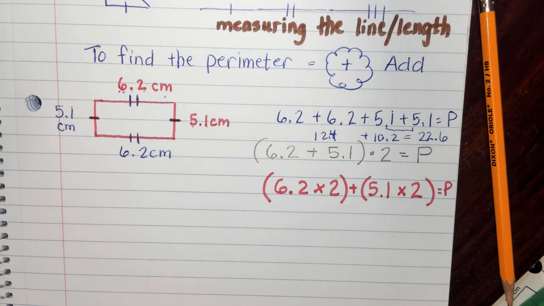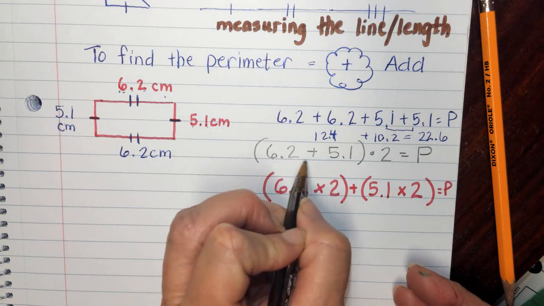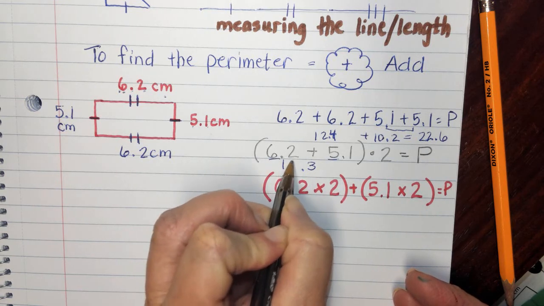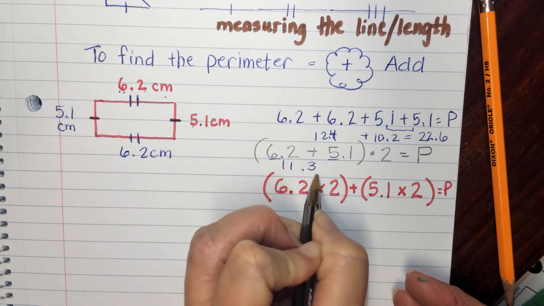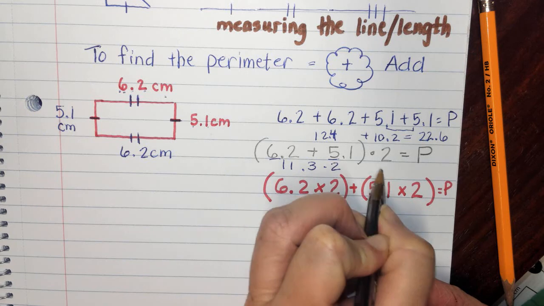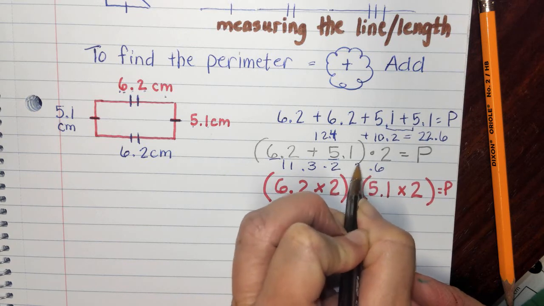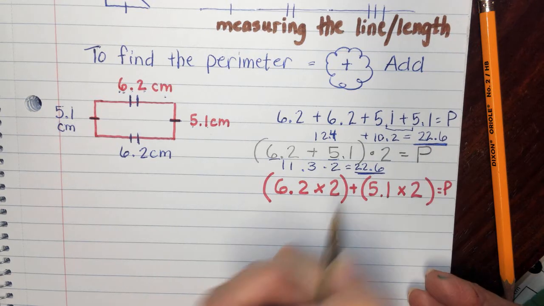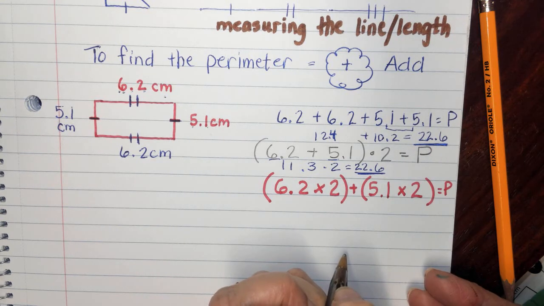Check my math, because I might make a mistake this morning. If I put these together, I get 11 and 3/10. And if I double that, I get 22 and 6/10. Same answer. Don't you need to add the centimeters? I do. Thank you.